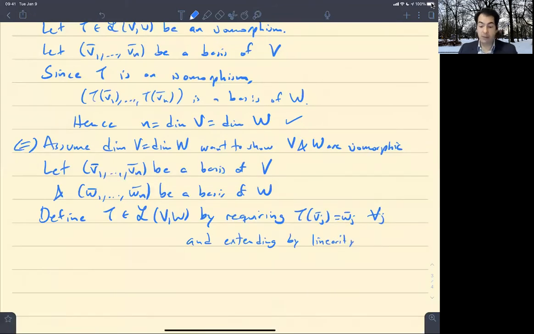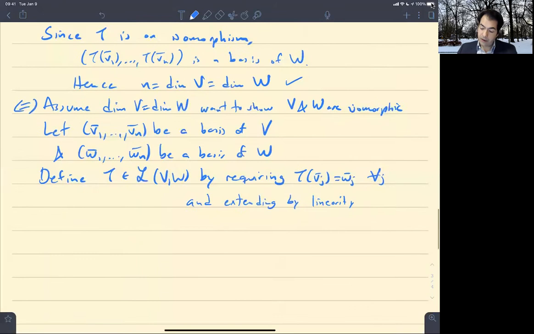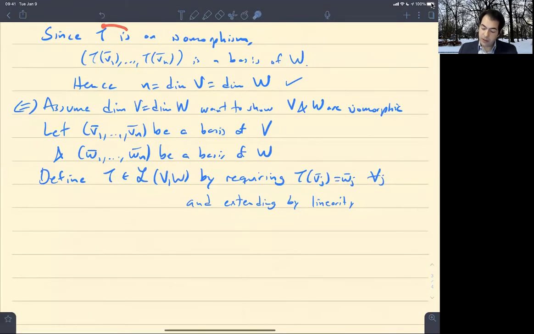Okay, so we have a linear map. Now, our theorem from last time was that a linear map is an isomorphism if and only if it takes a basis to a basis.